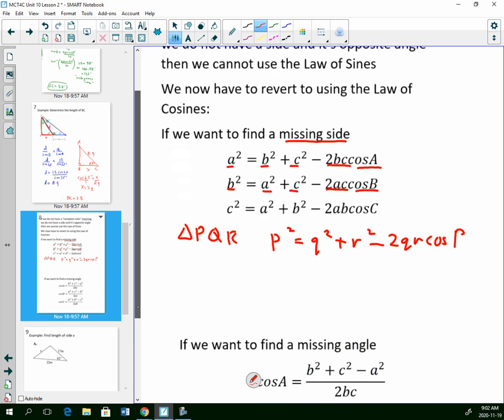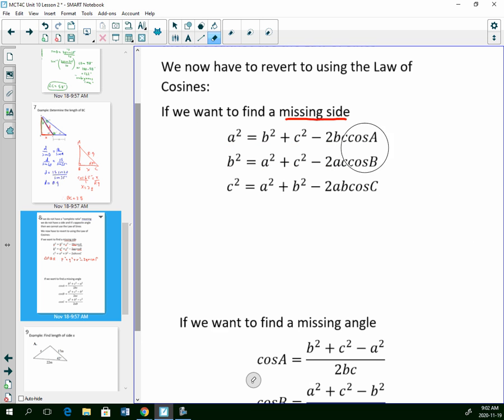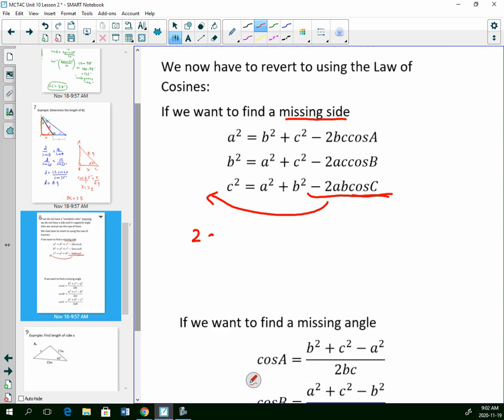If we want a missing angle, we need to rearrange the formula for the angle. So let's say we wanted to find cosine C. This whole term here is negative. So if I move it over, I can make that positive. But if I move this term to the left, that means the c squared needs to come to the right.